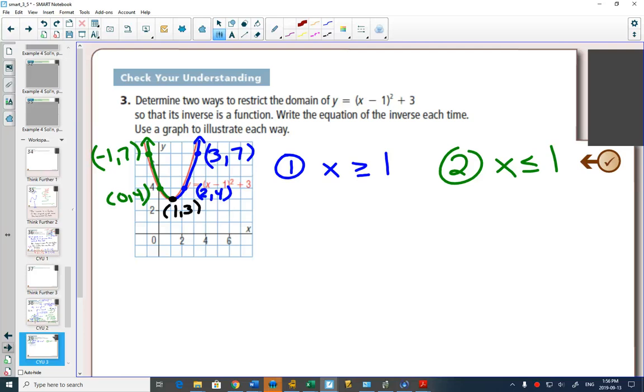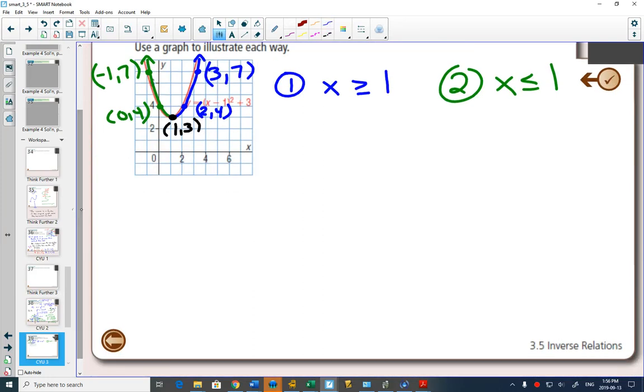Write the equation of the inverse each time and use a graph to illustrate. So we're going to show this. We're going to sort of split our page up here in half. We're going to use the blue one first when we restricted it to x is bigger than or equal to 1. We're going to draw a graph of what results.